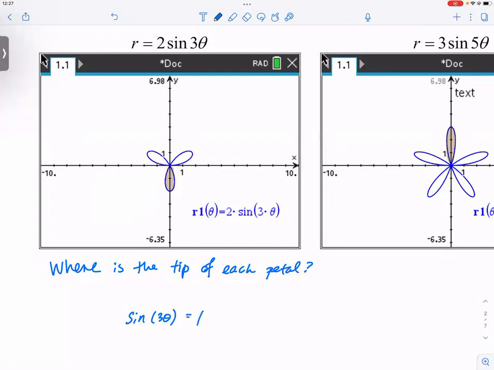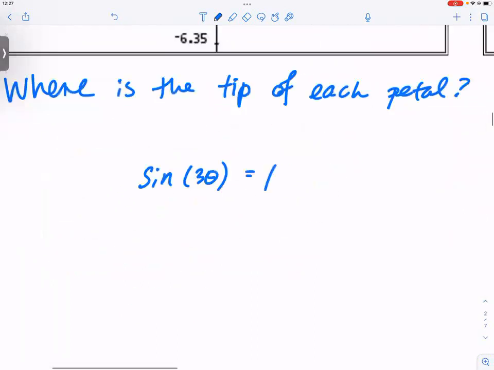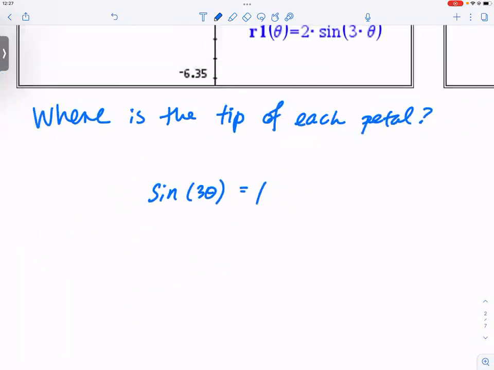Then we say, find out what theta is. Anyone still remember how to do it? Well, we say 3 theta would be pi over 2, right? And why is there an "and"?